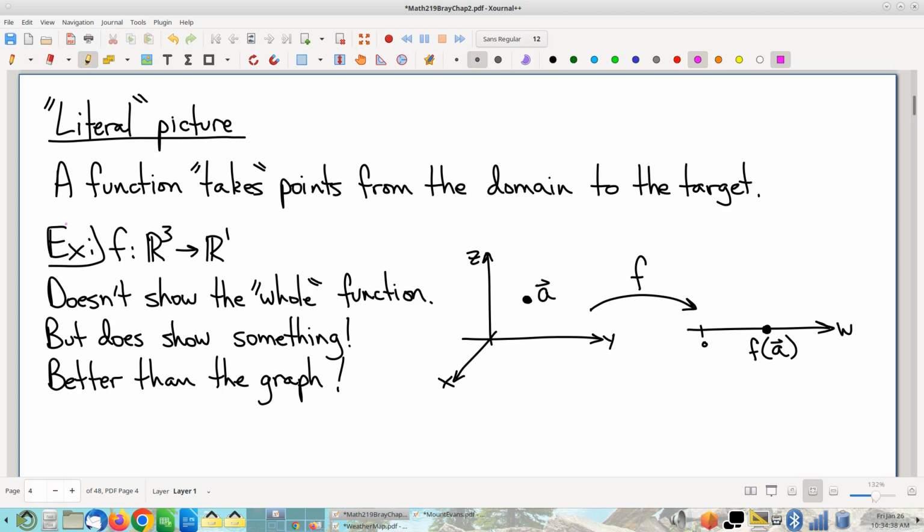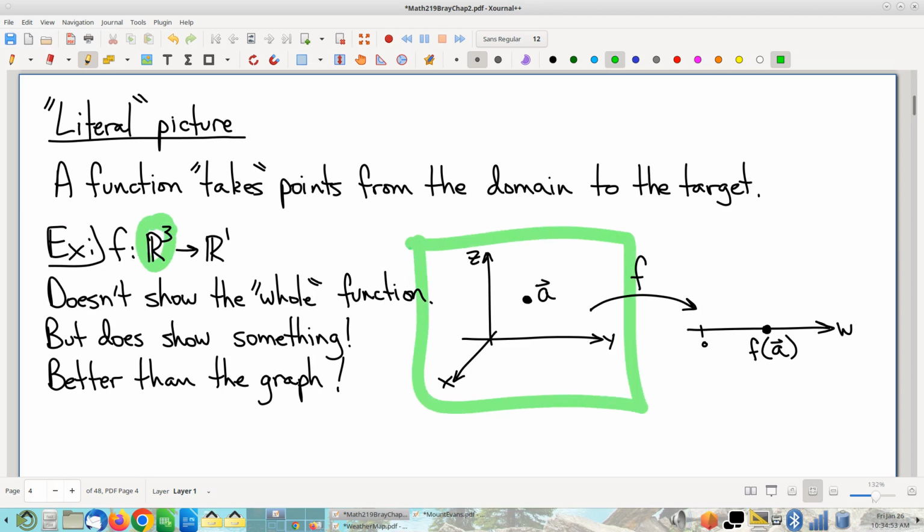And remember, a function is a trio. Function's 3 things. It's a domain, a target, and a rule of assignment, or we like to think of it as a formula. Right? So the domain, well, I'll draw a picture of it. There it is, the domain R3. I have drawn a picture of R3. The target is R1. Okay, well, here is a picture of R1.